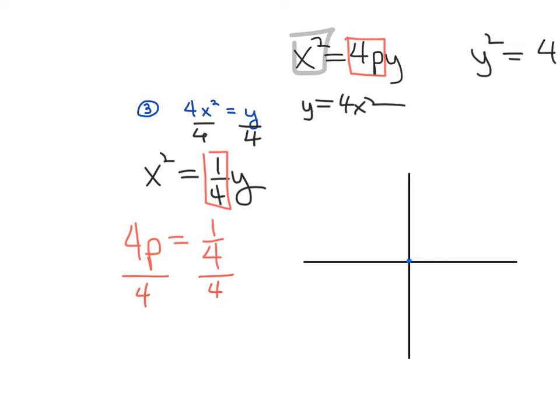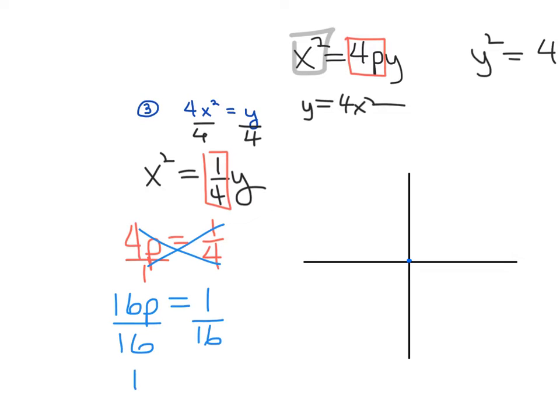I think it's easier if you put a 1 under the 4p and treat this as a cross multiply. You would get 4p times 4 is 16p equals 1, and then p equals 1/16. Or multiply by the reciprocal, and you still get 1/16. However you want to solve for p.